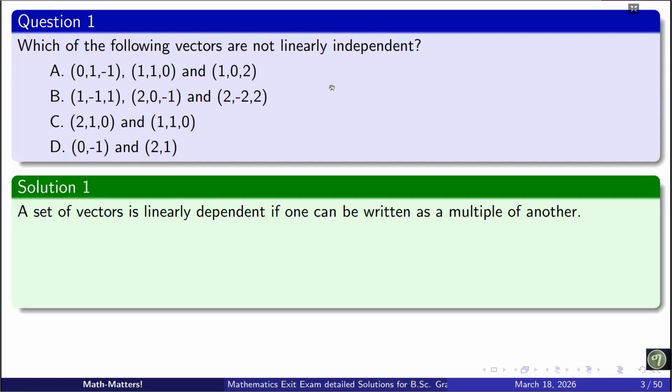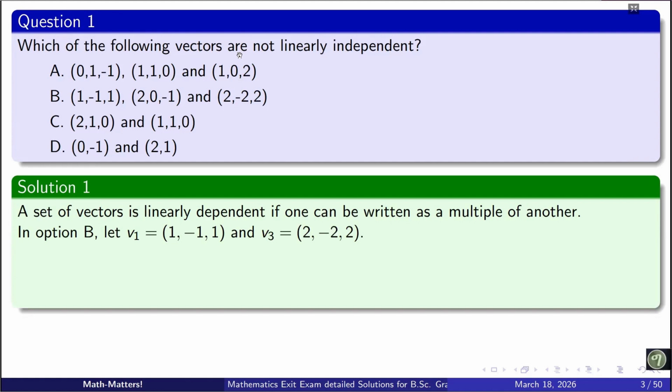A set of vectors is linearly dependent if one vector can be written as a multiple of the other, or if any of the given vectors is writable as a linear combination of the others. That will be a sufficient condition for the given vectors to be linearly dependent.